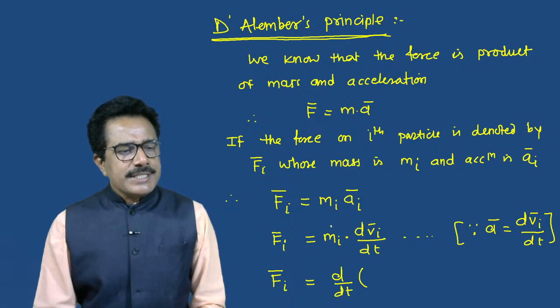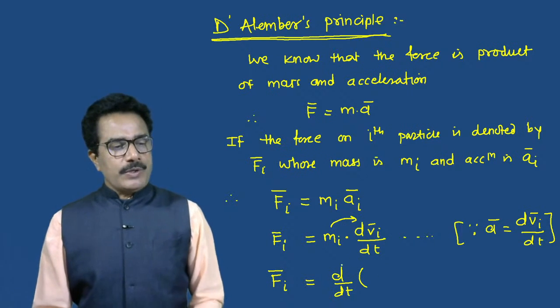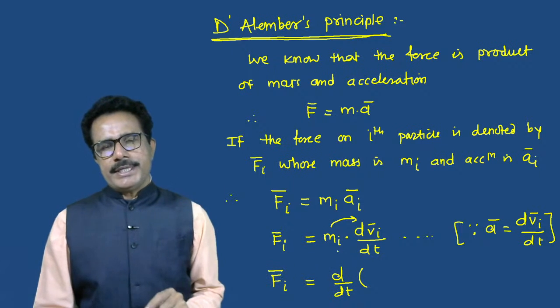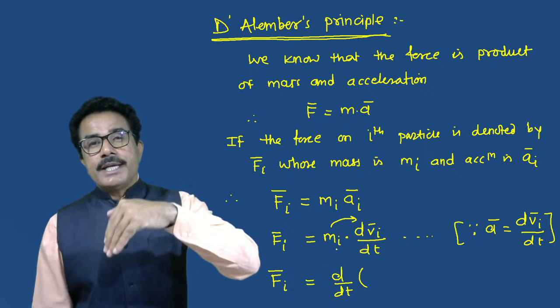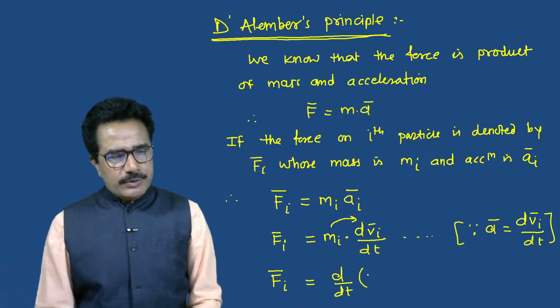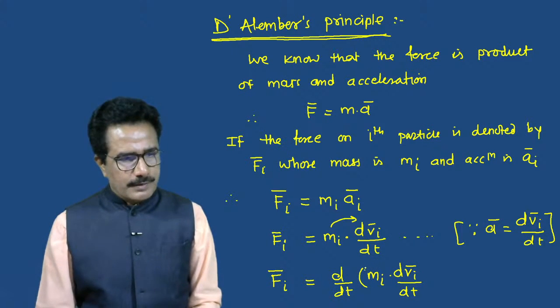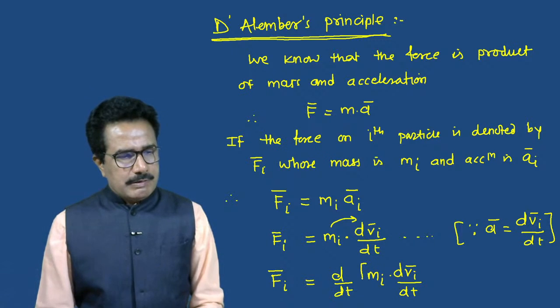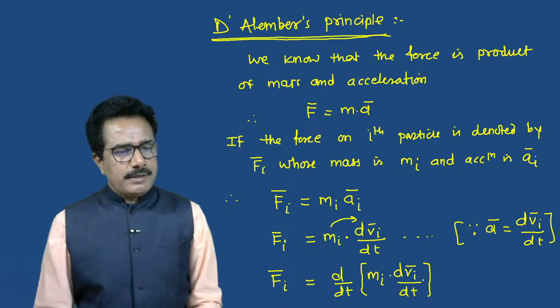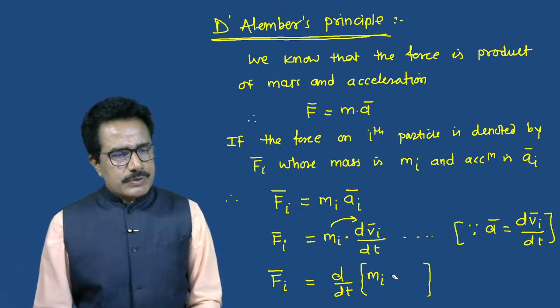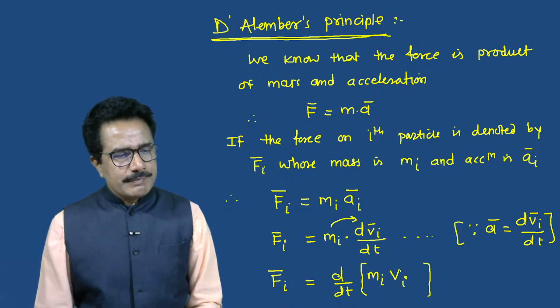Now take this mi in the derivative. mi is the mass of the ith particle, which is a constant quantity, so it can be taken in the derivative, or we can take it out of the derivative. Sorry, we have taken this derivative outside. So mi into vi bar.